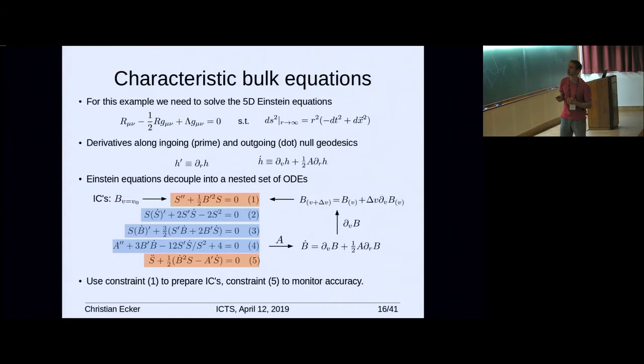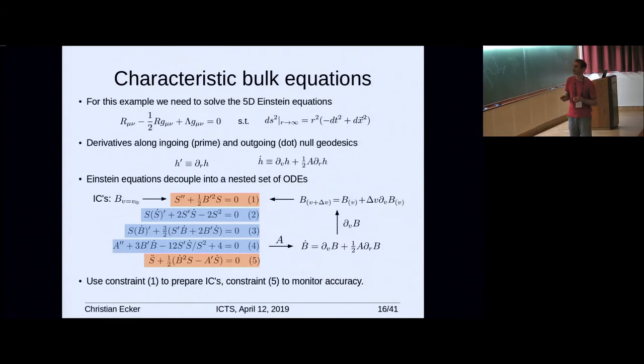So what you see here is, you provide some initial conditions for this anisotropy field B, and you solve for this function S, and then you can put the solution for this function S into the next equation and solve for this function S dot. So you treat these dotted derivative functions as separate variables, and you can do that step by step and get the solution only by solving ordinary differential equations.